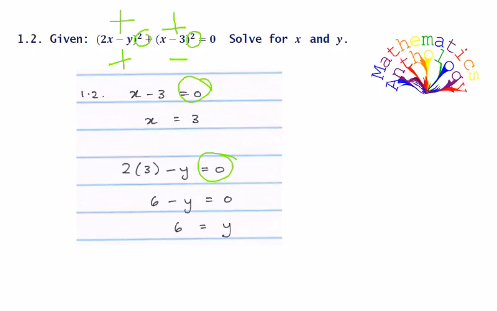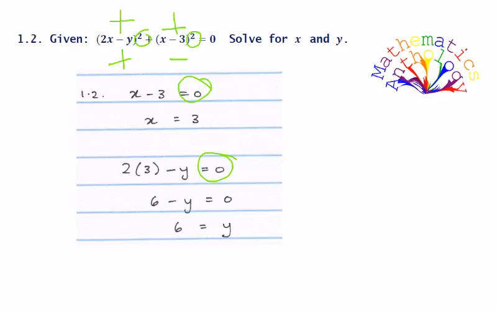Usually you need a positive number plus a negative number to give you a 0. But because these are squared, you will never get that negative. Any number squared will be a positive. The only way you're going to get something equal to 0 when you're adding them is if you have 0 plus 0. That's why we take each bracket and make it equal to 0.